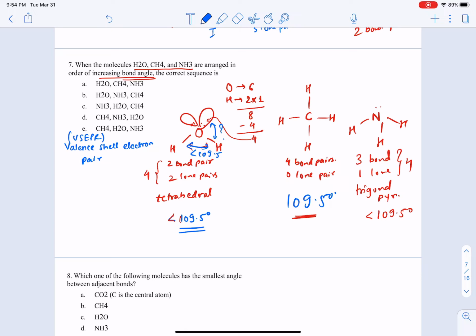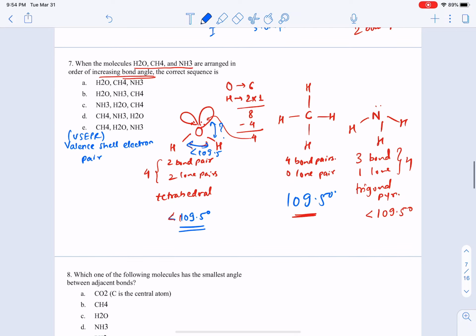So what it says is that the bond pairs and lone pairs repulsion acts differently.